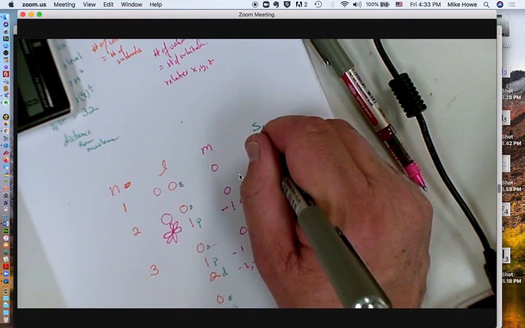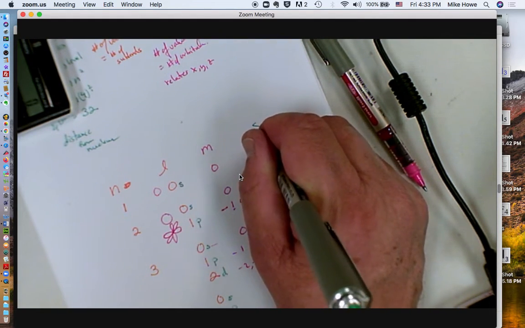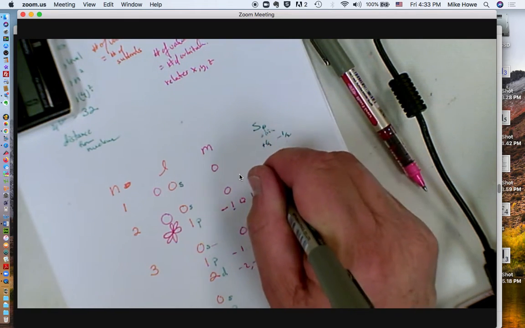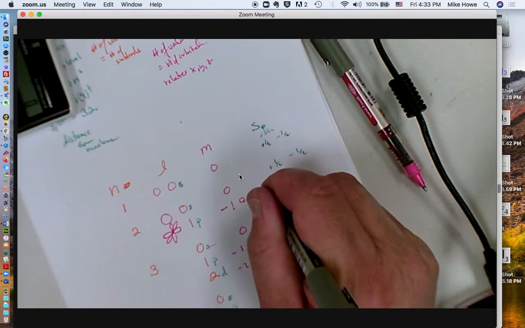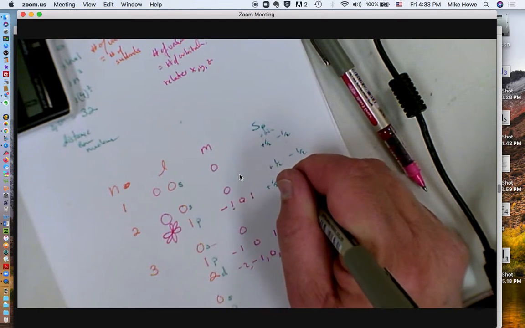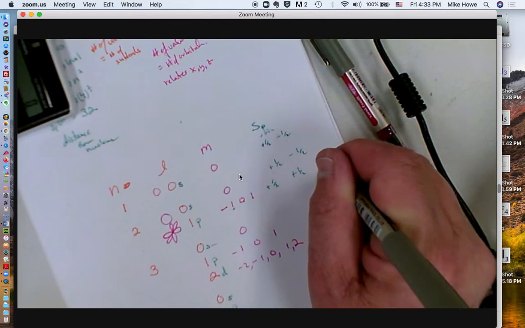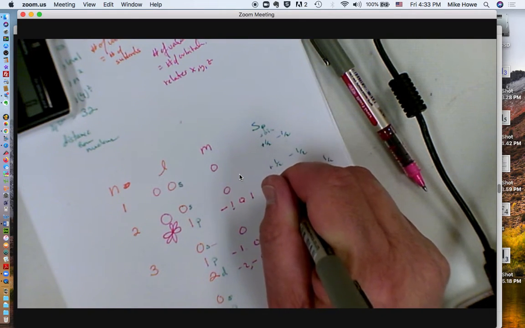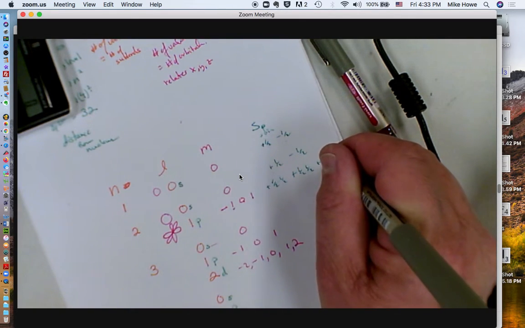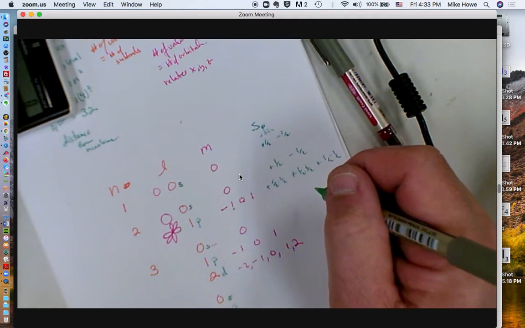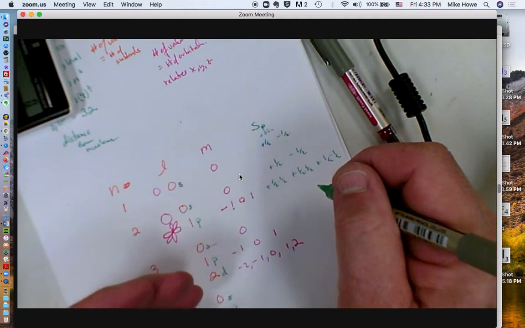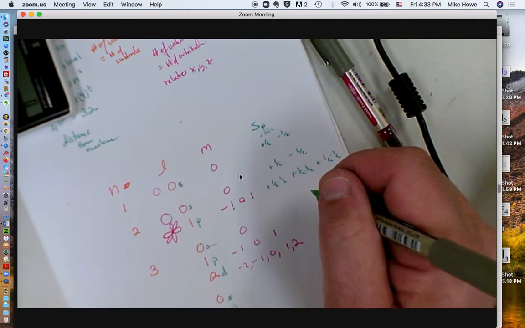One of them spins clockwise and one of them spins counterclockwise. So here there'd be a clockwise, clockwise, clockwise, and then we'd have counterclockwise, counterclockwise, counterclockwise. And the numerical value is 1/2, but you just need to know positive means clockwise and negative means counterclockwise.